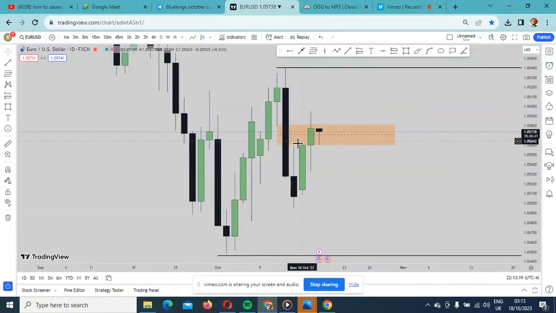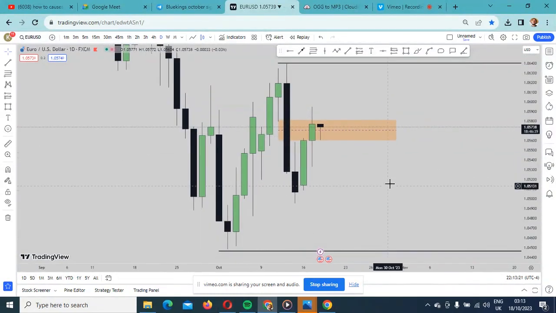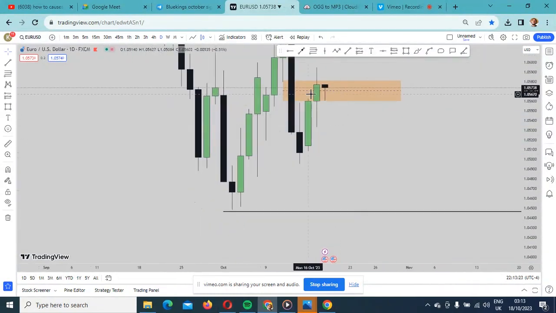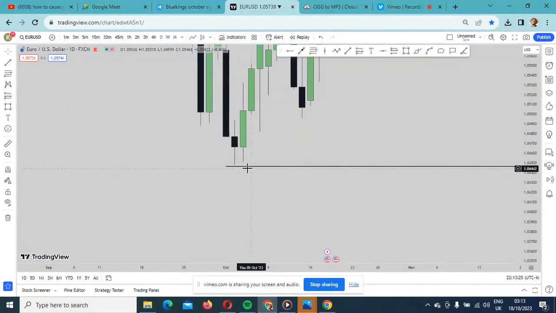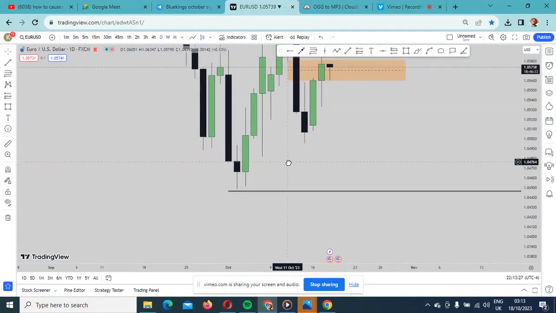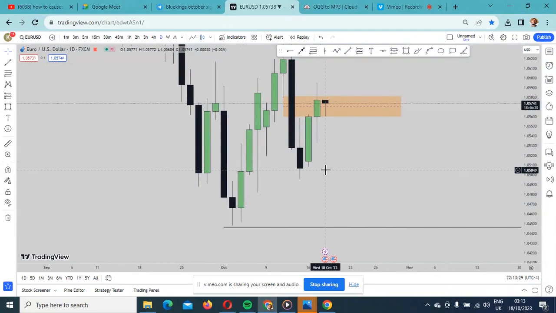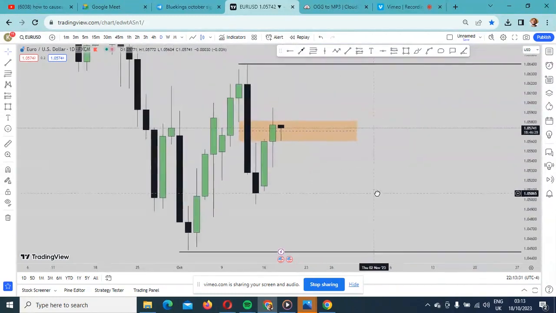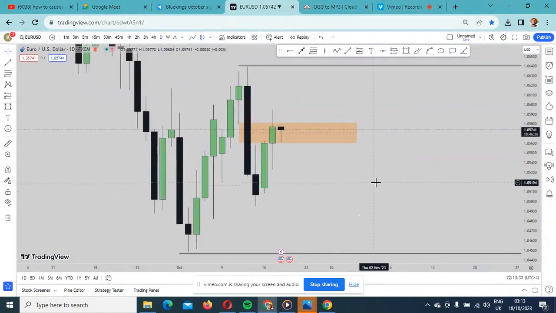So when I came to the chart at the start of this week, I was expecting price to enter into this FVG and drop here. Actually, most SMC traders were seeing that, but the thing is, we trade what we see in the market, we react to it, we don't just predict. We watch how the market is reacting to certain levels and know what's most likely going to happen.